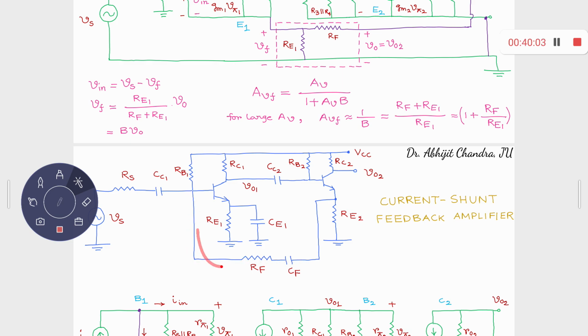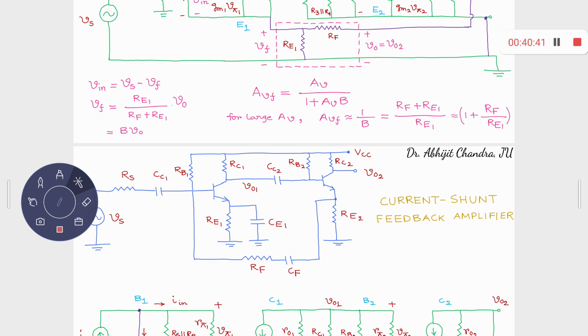Now the question is why this capacitor CF is present. That is your question, why CF was there. As far as the small signal behavior is concerned, it's perfectly okay. But we are also connecting this output E2 voltage back to base 1. So when it comes to the DC analysis, it may affect the biasing stability of the first stage.